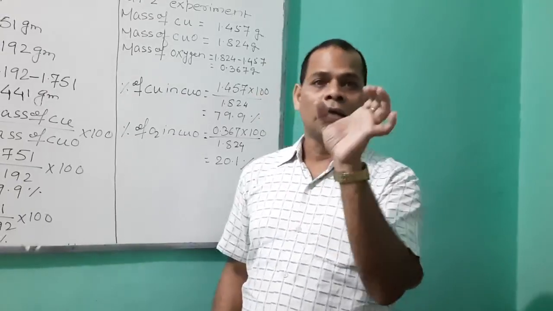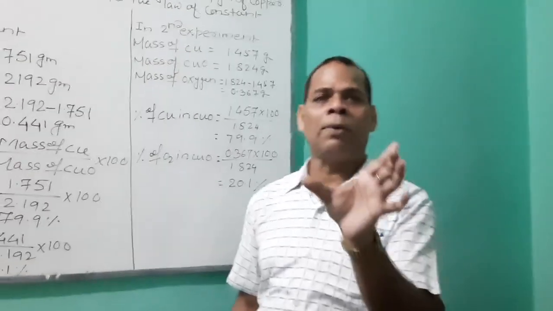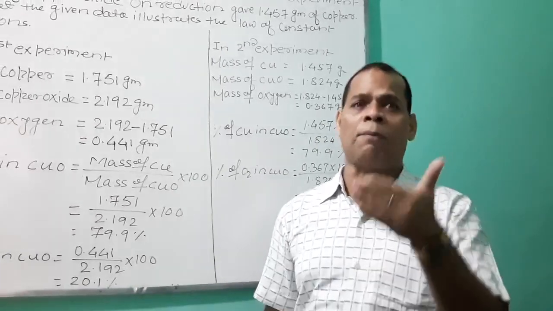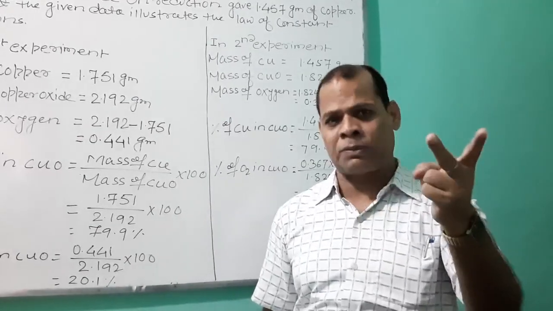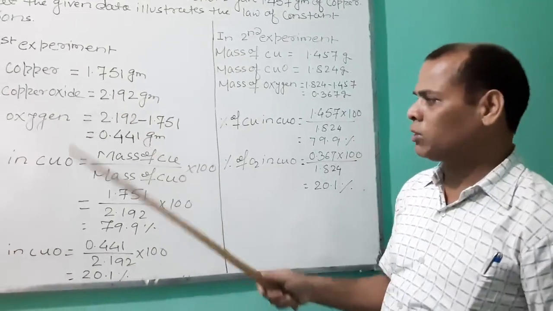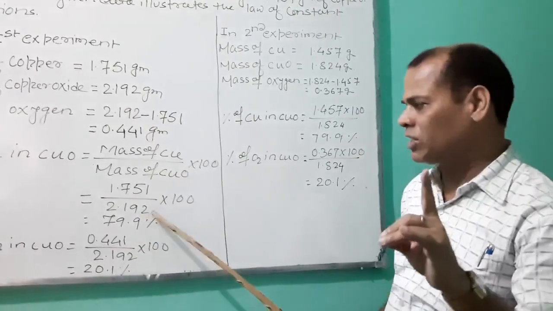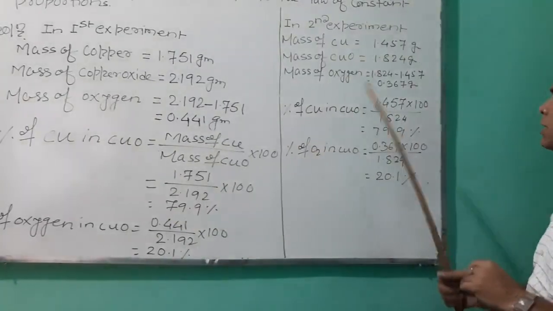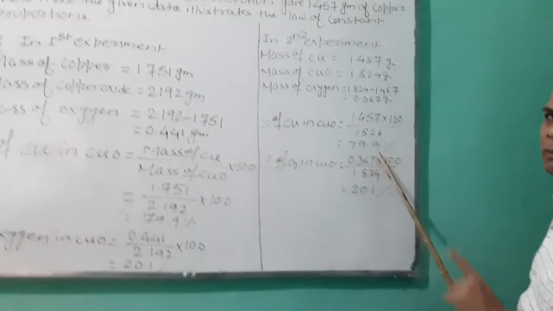What I am trying to make you understand here is that we are getting copper and oxygen from copper oxide in two different experiments, but in both experiments we are getting the same percentage of copper, 79.9%.